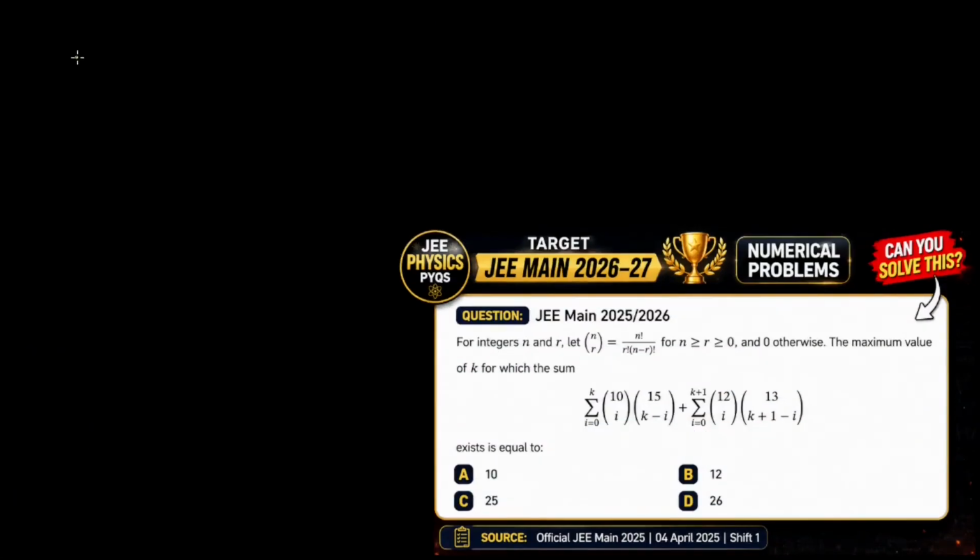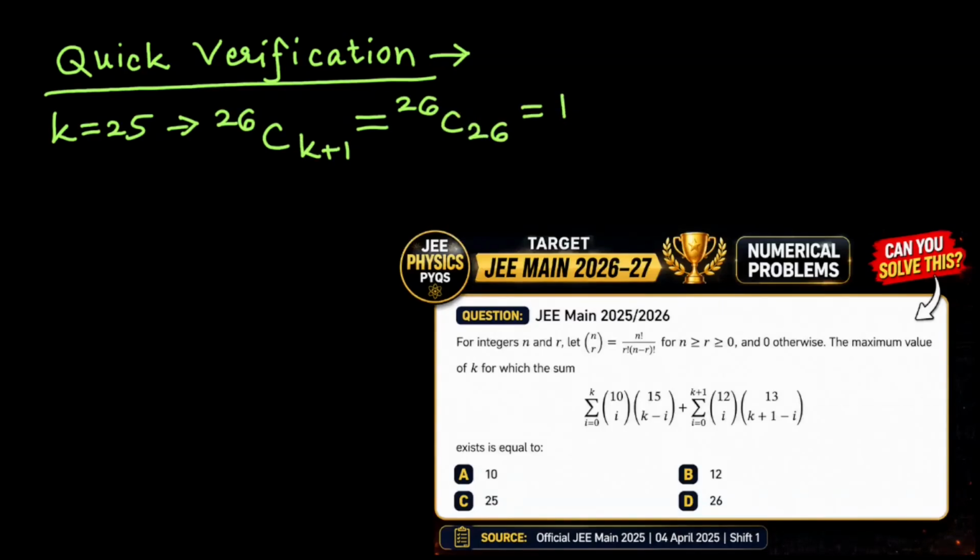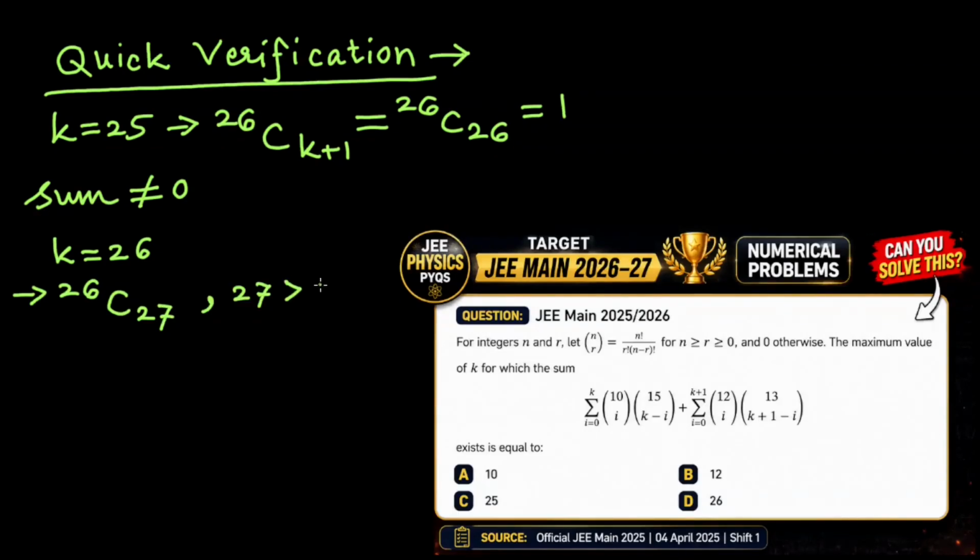Quick verification. Let us quickly verify the boundary. For k equals 25, 26C(k plus 1) becomes 26C26, which is 1. So the sum is non-zero. Now take k equals 26, then we get 26C27, and since 27 is greater than 26, according to the question's definition, this is 0.